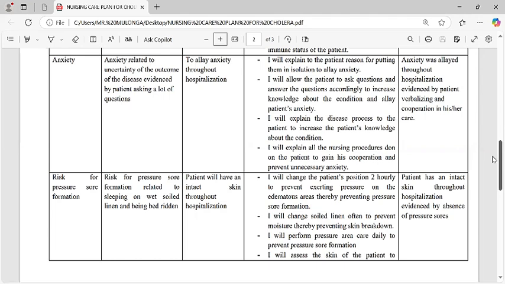So remember, when we're doing our assessment, the first thing we find is that this patient will be anxious. Why? Because they are having profuse diarrhea, because they are vomiting, because they are now weak, because they are now being told that they are going to be taken to an isolation center. So just imagine this patient who was okay a few hours ago starts to vomit and pass diarrhea.